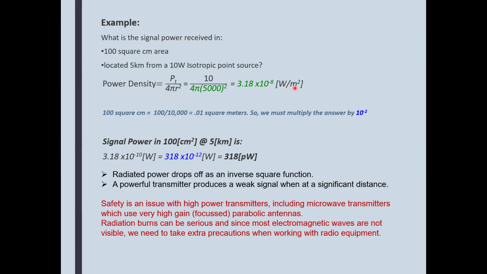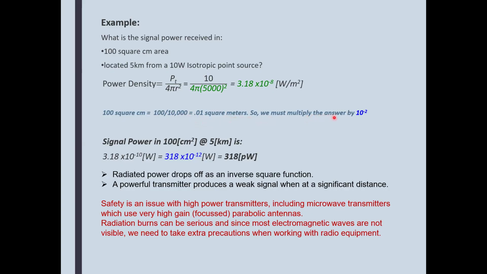But now we don't have the answer yet, because we need to know how many watts we have in that 100 centimeters squared area. So 100 square centimeters equals 100 divided by 10,000. You just have to do that 10,000 thing here. So that's going to be 0.01, sorry, square meters.